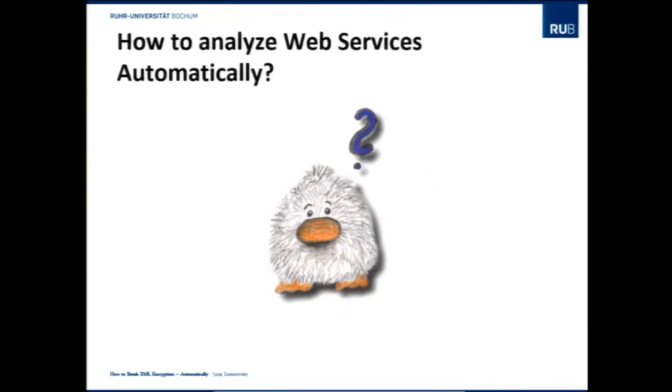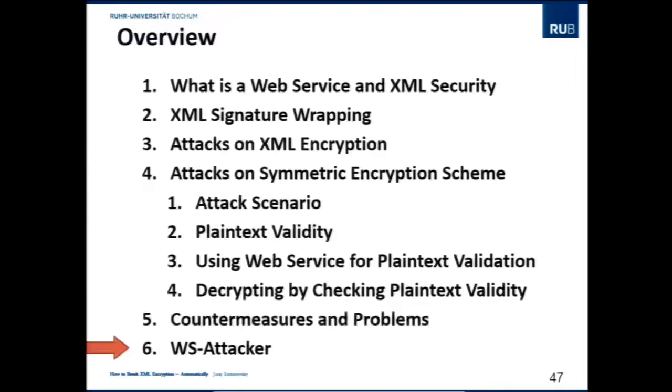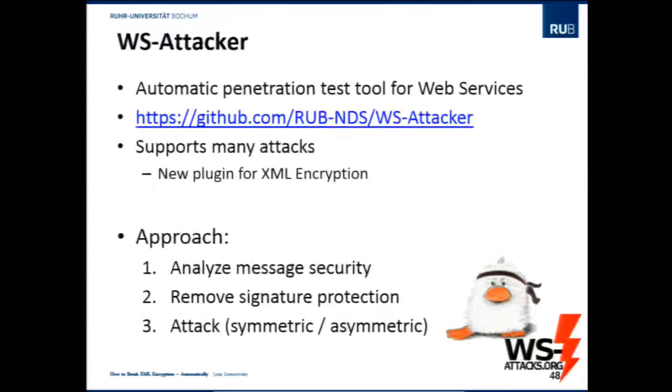The question is how to analyze this automatically. We saw there are some complicated problems: crypto attacks on asymmetric and symmetric encryption schemes, signature problems, and so on. How can we analyze this automatically? This is why we constructed WS-Attacker and a new plugin for it. WS-Attacker is an automatic penetration testing tool for web services, and it's open source.